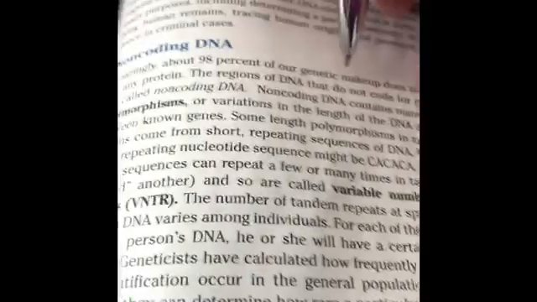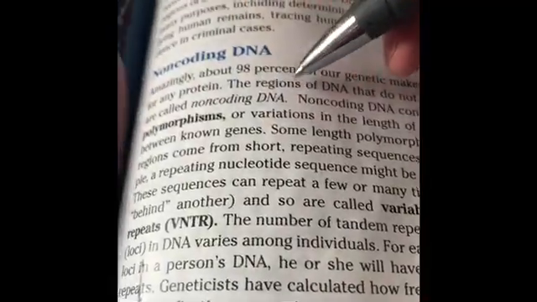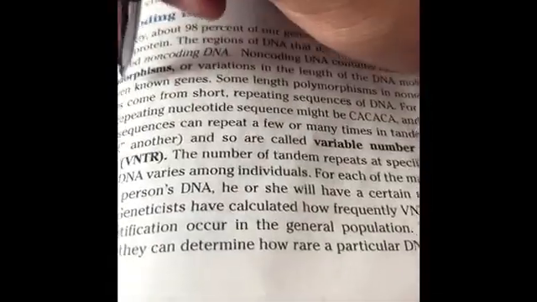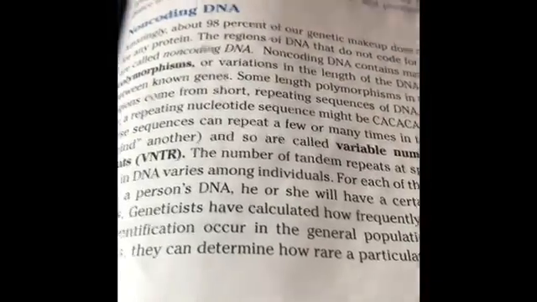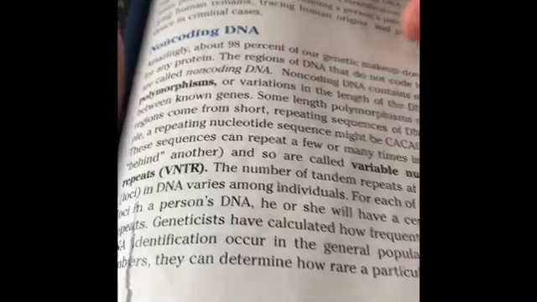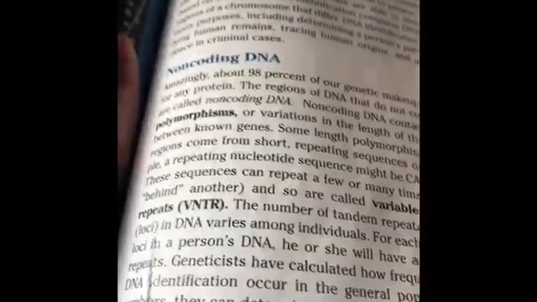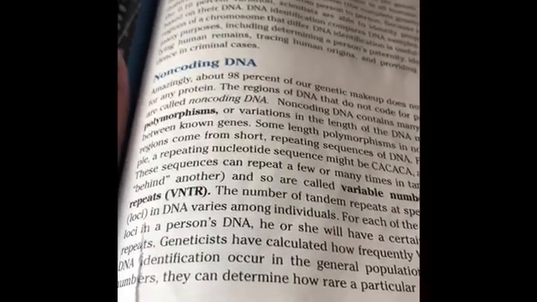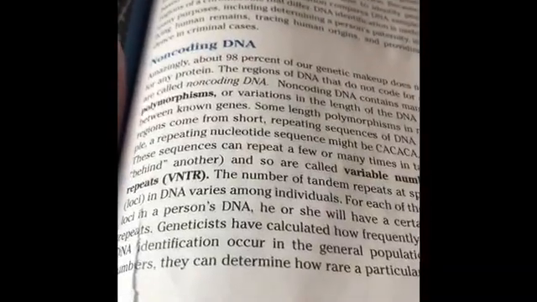So 98% of our genetic makeup does not code for any protein, and that is called non-coding DNA. Non-coding DNA contains many length polymorphisms, or variations in the length of the DNA molecule between known genes. So in a DNA molecule, you have genes, right? Between those genes are differences or variations in the length of the DNA molecule.